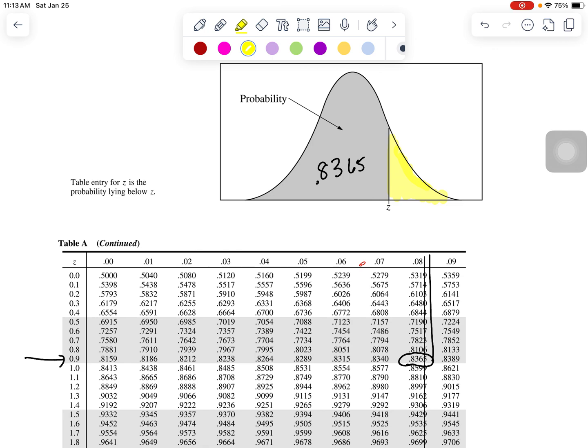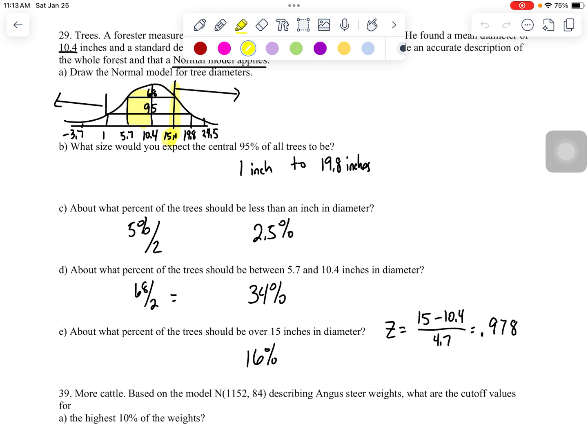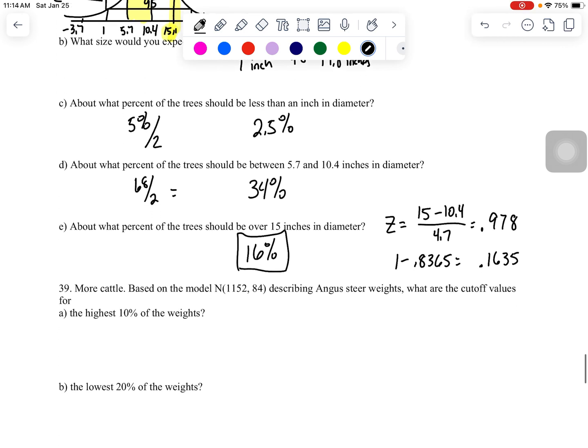So we're going to go 1 minus 0.8365, which is 0.1635. So while I estimated it at 16%, it's actually 16.35%. But we needed a little bit of introduction into using that table, because that's going to start coming up here.